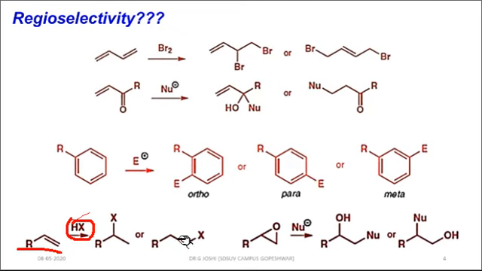Similarly, in the next orientation, hydrogen may approach carbon number 2 and halogen may approach carbon number 1.